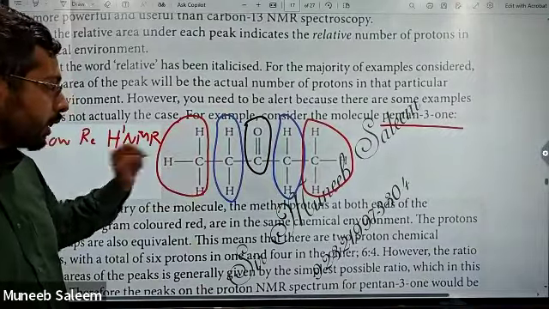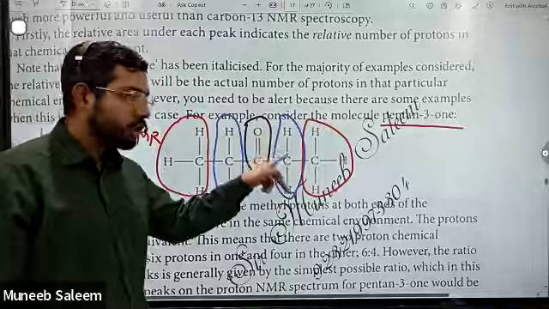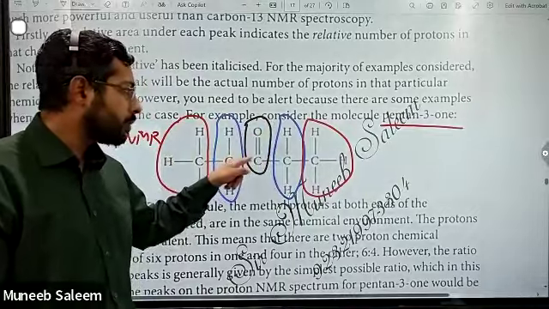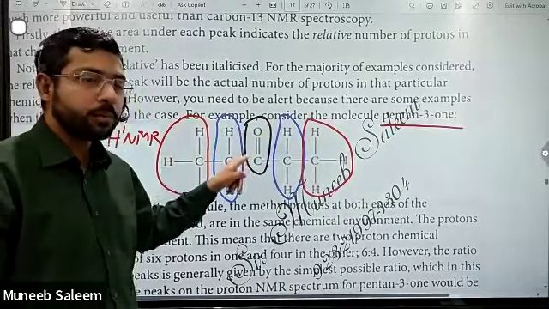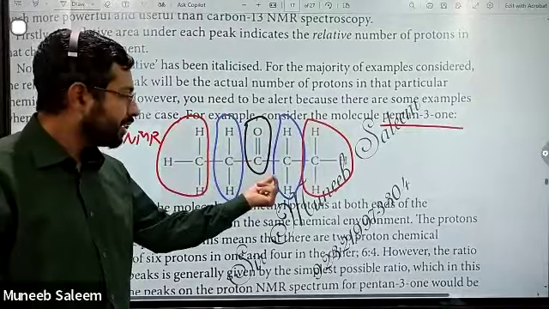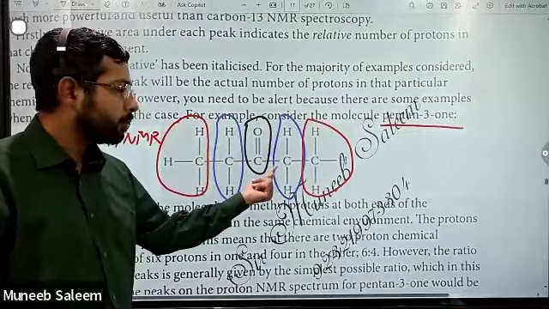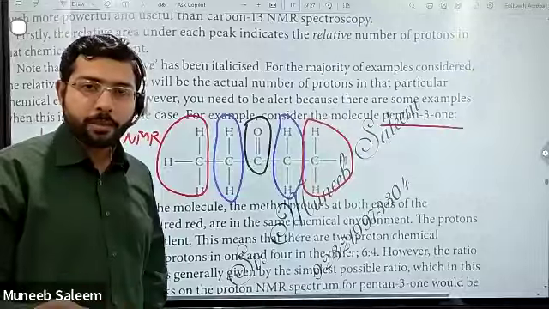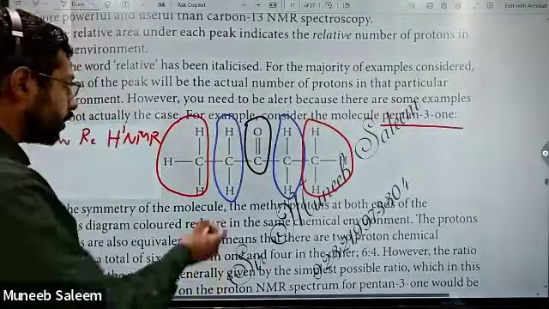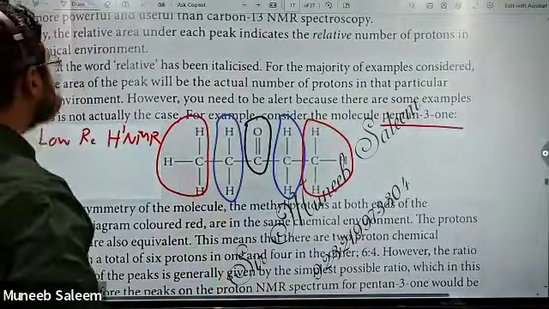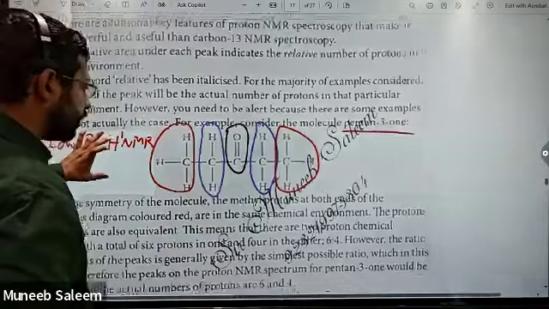But you can see here that CH2 is near to the carbonyl group and CH3 is far from the carbonyl group, which means the chemical shift value for the CH2 will be towards a higher value. So the chemical shift value for the CH2 will be greater as compared to the CH3.